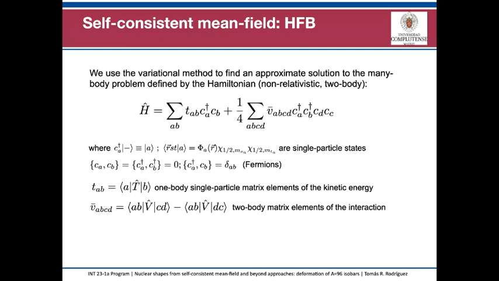This is an arbitrary basis of a one-body Hilbert space. Of course, they are fermions, so they fulfill these anti-commutation rules. These are the matrix elements for the kinetic energy, and these are the two-body matrix elements for the interaction. In principle, one could add three-body interactions with three creation operators and three annihilation operators, and so forth. But this is complicated enough to stop here.